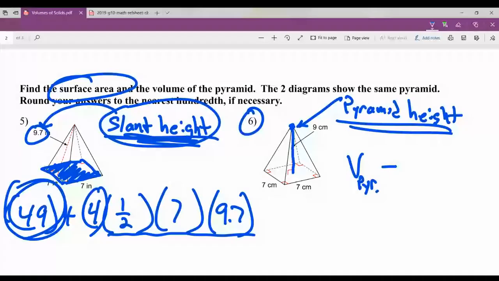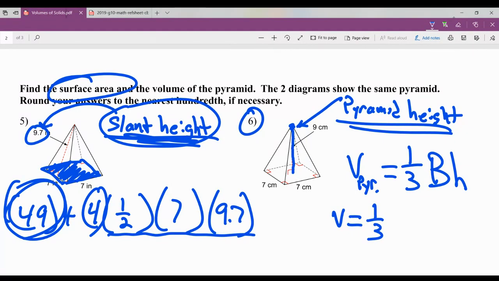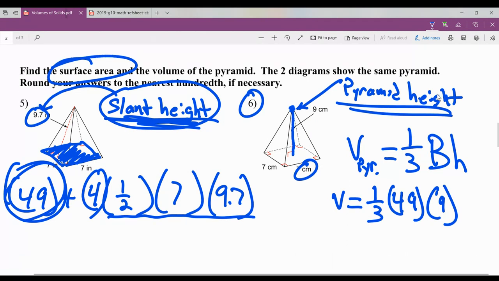The volume for a pyramid is 1/3 the area of the base times the height. So in this case, the volume for that pyramid would be 1/3. The area of the base is 49, and the height is 9. Multiply those out, you've got your volume, and it would be measured in cubic centimeters. Okay, wrapping this up.